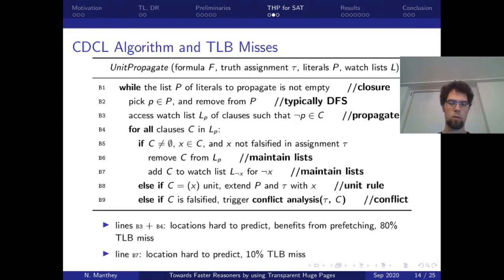And now, surprisingly, line B7 gives the next big blob of misses, namely 10% of TLB misses. Again, it's hard to predict where that access goes to, because we don't know in advance which literal to watch next from a clause. We only know that it has to be one that is not assigned yet.